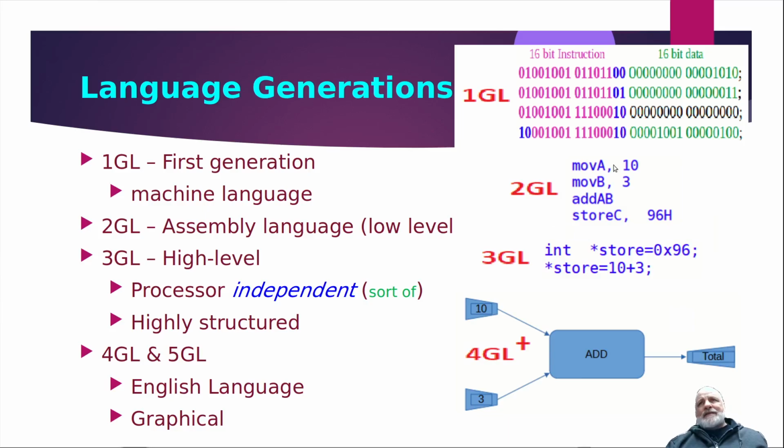Okay, so this is the assembly language of the first generation language that I just went over up here. And the problem with either one of these is they were tied to the machine.